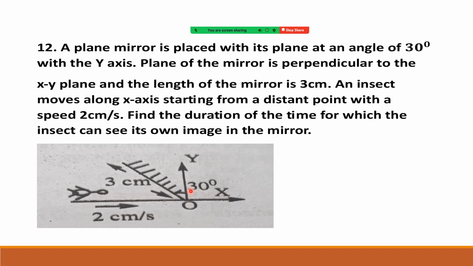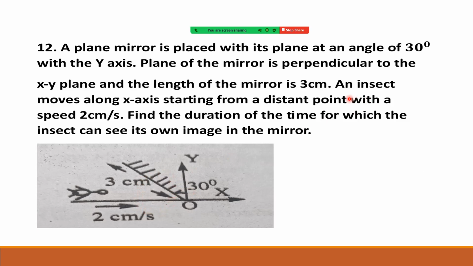Then this plane of the mirror makes angle 30 with y-axis. I hope you got the clarity. So what I'm saying is first imagine plane mirror in yz plane. Now rotate the mirror by an angle 30 anti-clockwise. Okay. Then we get this structure, this figure.